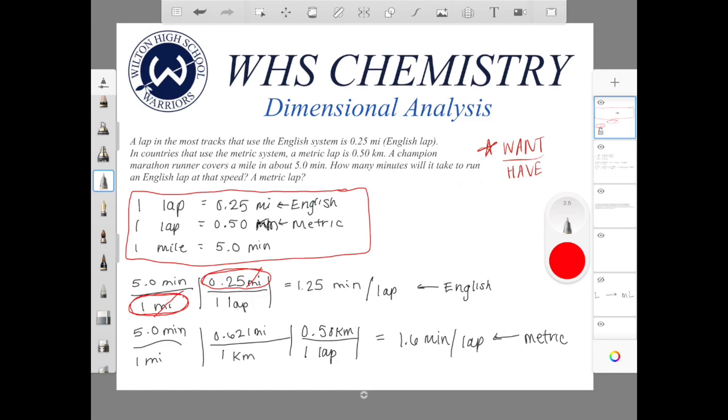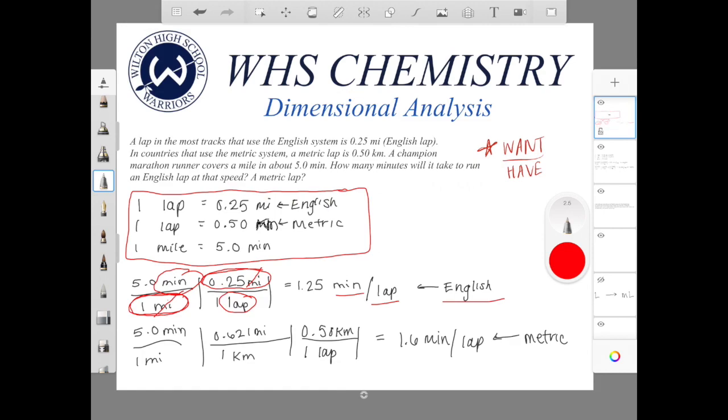Since one unit is on the top and one is on the bottom, that leaves us with the final units of how many minutes it takes to run 1 lap, which is what we want. So we do 5 times 0.25 divided by 1, which equals 1.25 minutes per lap. And that's for the English.